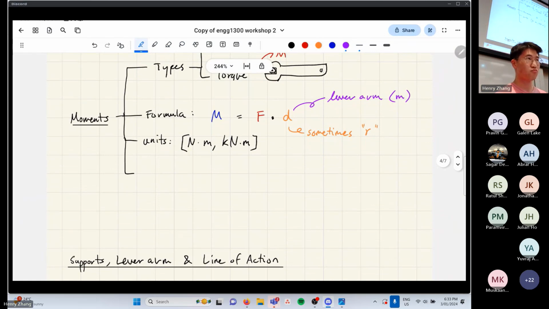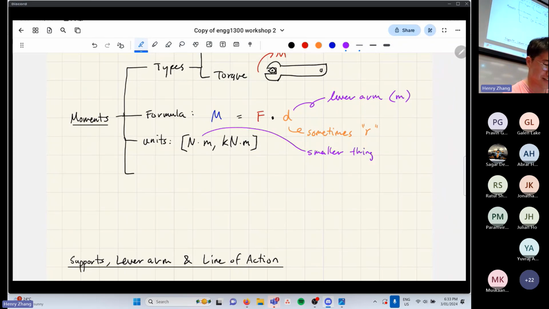Generally, this isn't really a rule so much as a trend that I noticed: for smaller things, maybe like machines, the questions want you to have the answers in Newton meters, whereas kilonewtons is for stuff like beams, trusses, oh, maybe not trusses.